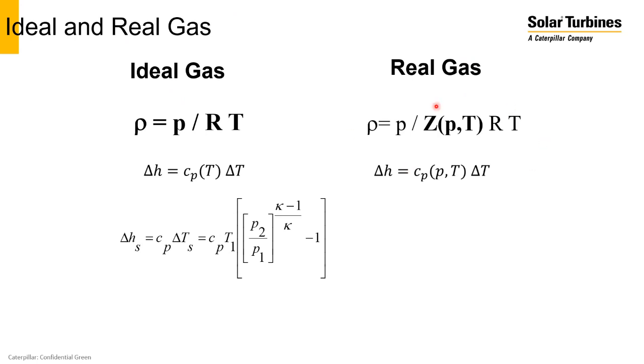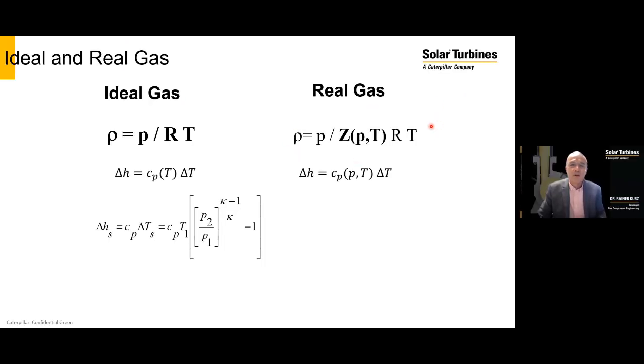And as you can see there, the relationships become a tiny bit more complicated. In the density calculation, I add a compressibility factor, but unfortunately this factor depends on pressure and temperature and the gas itself. And then the work-temperature relationship also becomes a bit more complicated because that heat capacity is also a function of pressure and temperature of the gas.